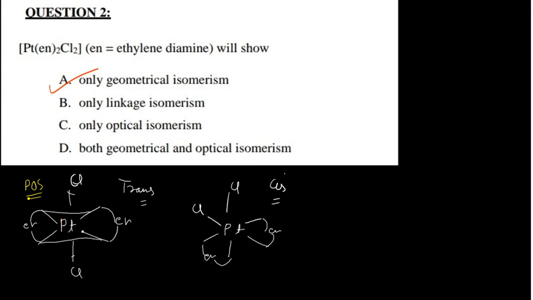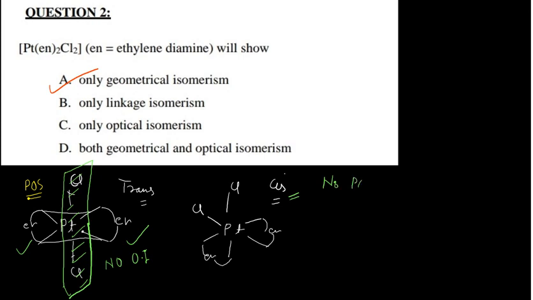If you put a plane here in the center, and this plane is bisecting this molecule into two identical halves, this half and this half are identical. That means plane of symmetry is there. That means no optical isomerism. But in case of the cis isomer, there is no plane of symmetry, no POS, right?